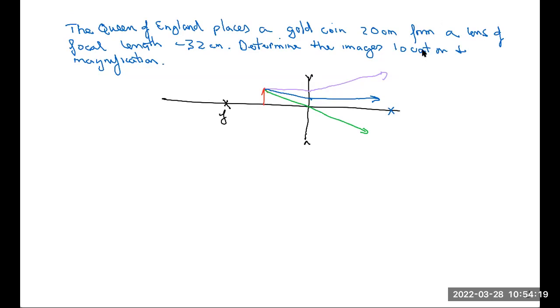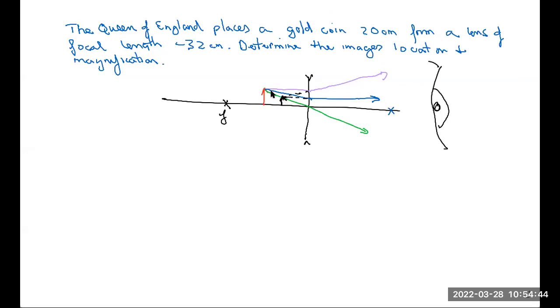So now we can imagine that our eye is over here, and our eye collects these rays, and our eye and brain reconstruct the point that these rays are coming from, the common point that they're coming from. So something like this. Here's the image.